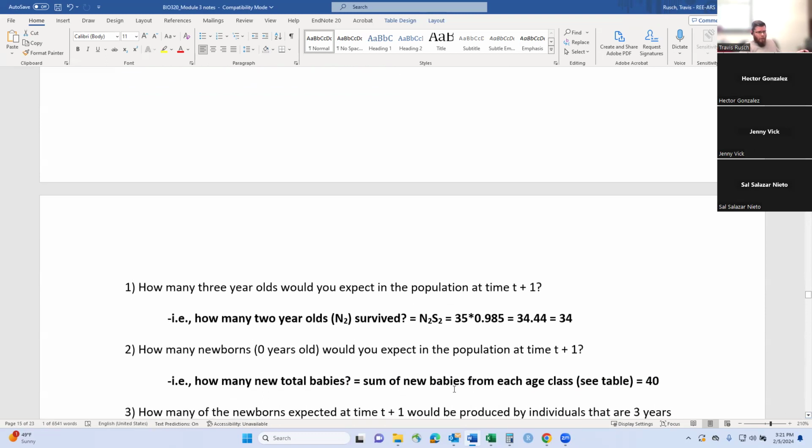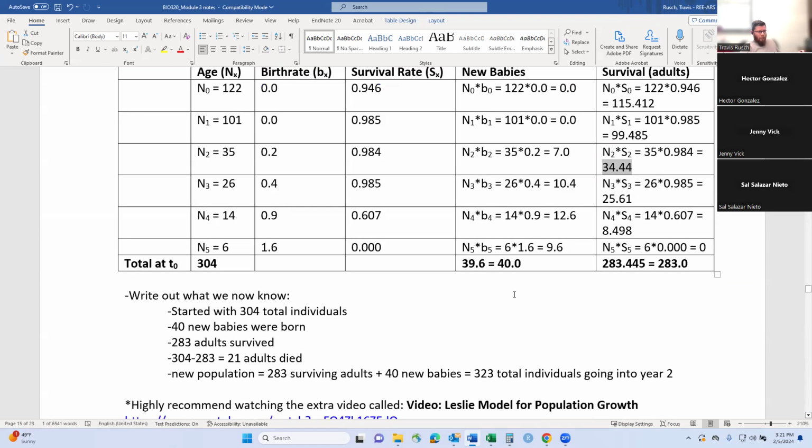It's the sum of the new babies from each age class, right? So you can calculate the individual numbers from the matrix, but you can also use the life table. Each one of these values can be calculated from the matrix and then added together. That's where we get our 40. That's how many newborns we're going to have in time t plus 1.